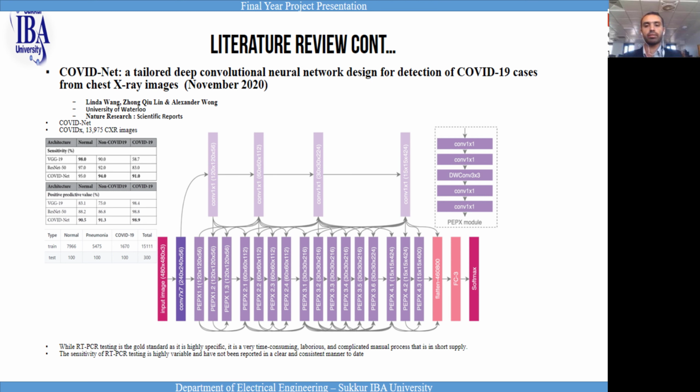Another paper, published in Nature Research: COVID-19, a tailored deep convolutional neural network designed for detecting COVID-19 cases from chest X-ray images. It was published in November 2020, and they have used their own model from scratch, and this is the architecture of their model, and they have named it COVID-Net.